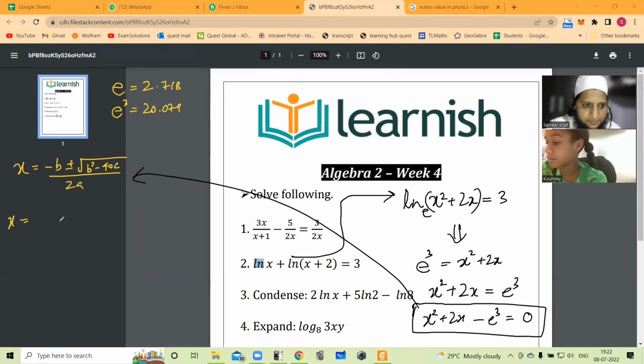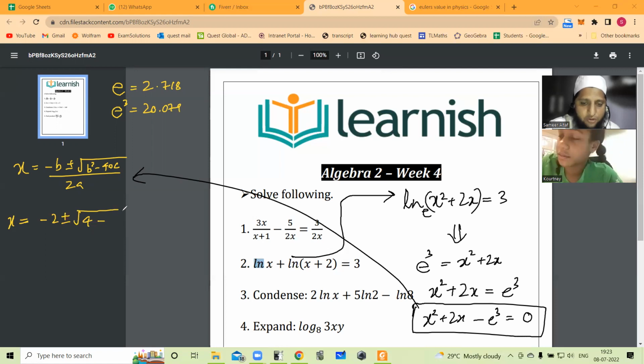So x equals negative b. What are we writing here? So you'll write x equals negative 2 plus or minus the square root of 2 squared, that is 4, and then minus 4 times 1 times negative 20.079.